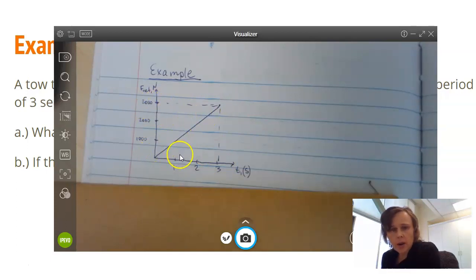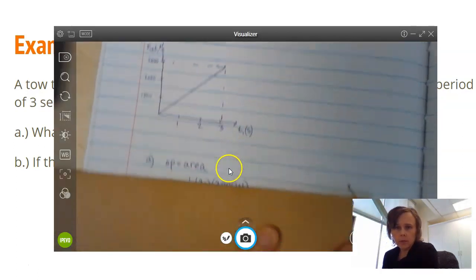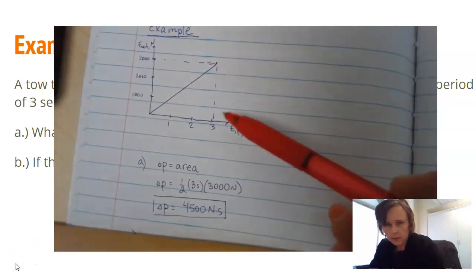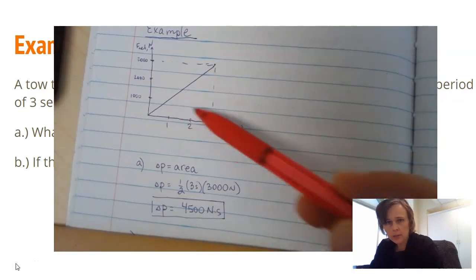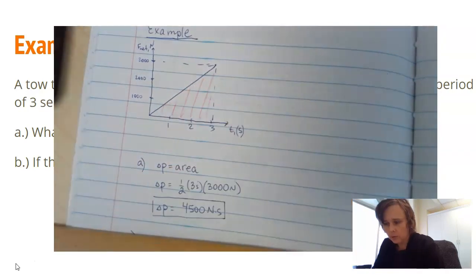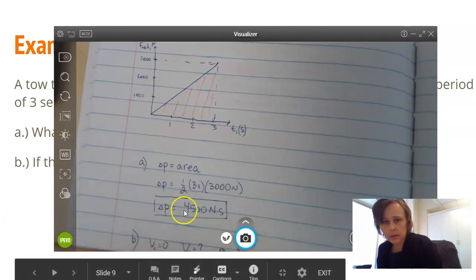So we create this graph, and the area under the graph, this area of a triangle, will be the change in momentum, or impulse. We write down the formula, and the area is 1/2 times the height times the base. So it's 1/2 times 3 seconds times 3000 newtons, so it's 4500 newton seconds.